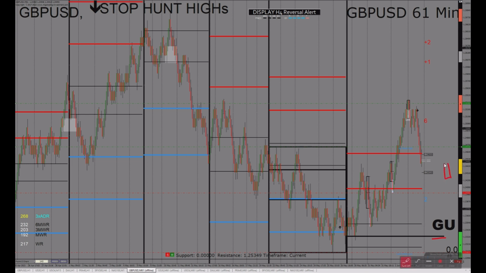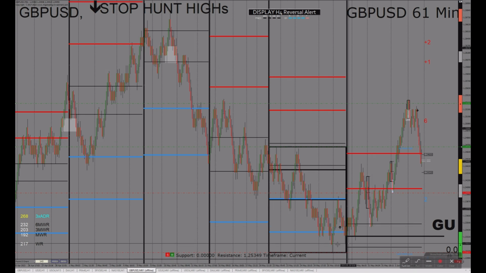So if price breaks this pivot point next week, and breaks this consolidation pivot point, I want to see that because I want them to retest this current month low, or last month's low I should say, and give us another buy entry. But the cycle has already started for GU to be buying, because price has done what?